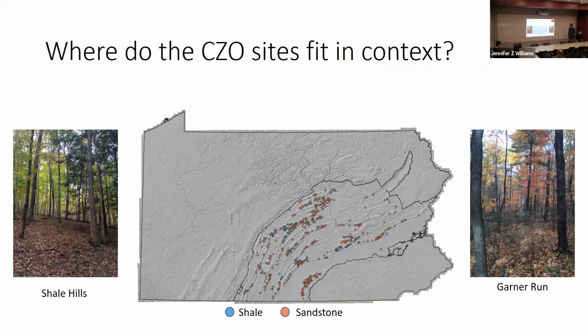So moving forward, I want to use some of the data from the inventory to compare where our CZO sites fit in the context of other forests that are growing on shales and other forests that are growing on sandstones across the Ridge and Valley in Pennsylvania.